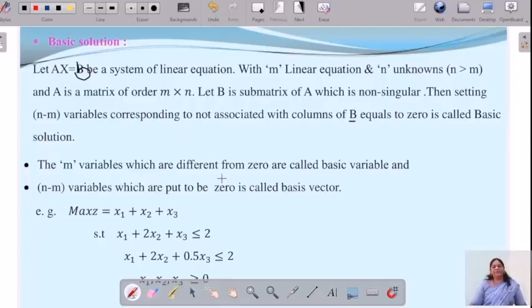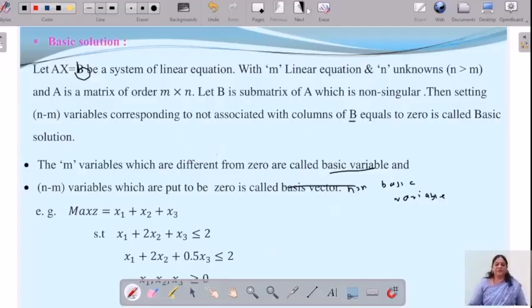The m variables which are different from 0 are called basic variables, and the variables which we have set equal to 0 are called non-basic variables. The matrix B is called the basis matrix, and the corresponding variables are called the basis vector.